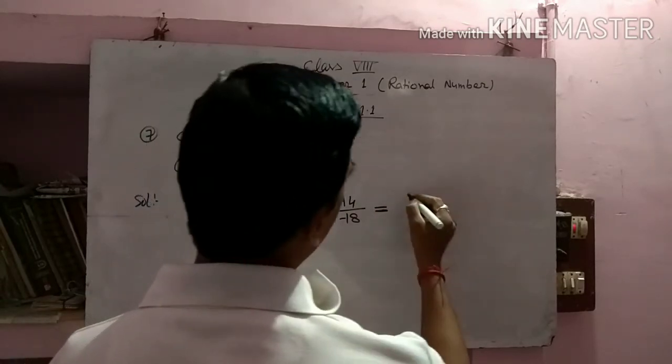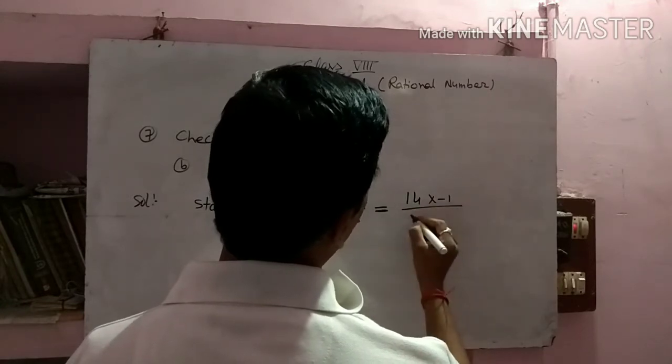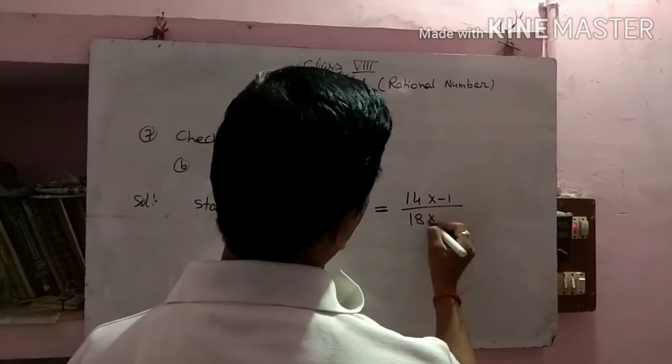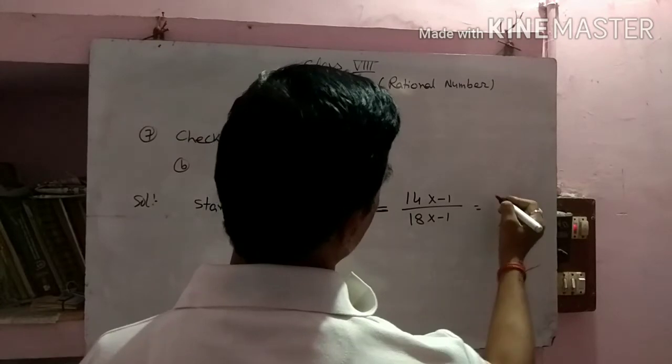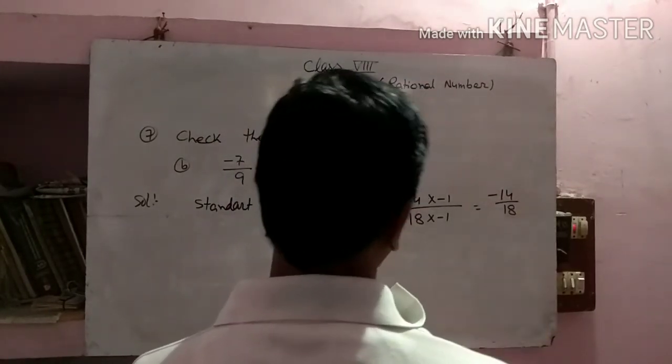To make the denominator positive, we have to multiply numerator and denominator both by minus 1. You will get minus 14 by 18.